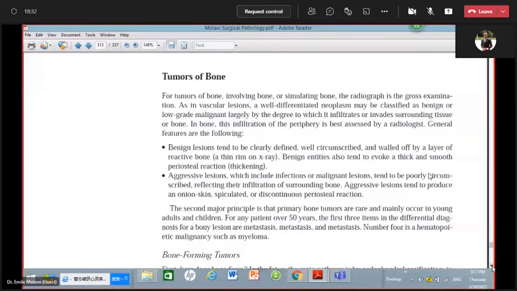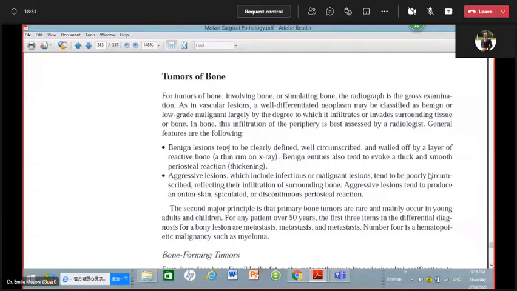So for bone tumors, involving bone or simulating bone, radiograph is the gross examination. It can be classified as benign or malignant, and also tells the location and invasion of the tumor.